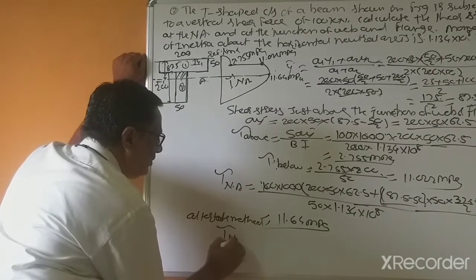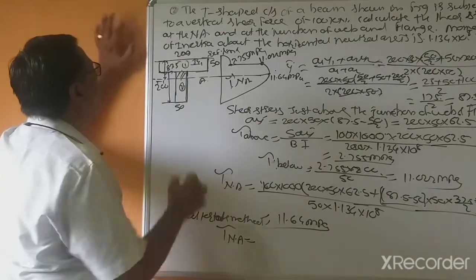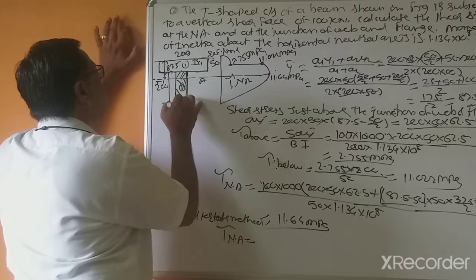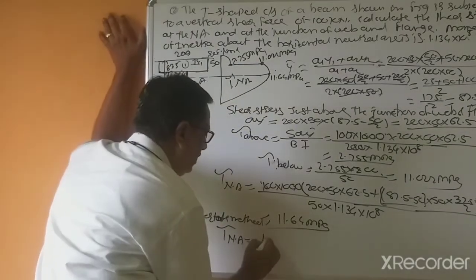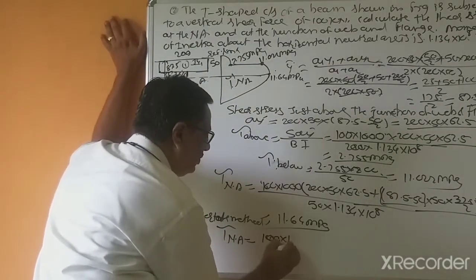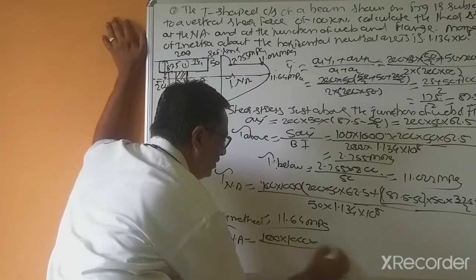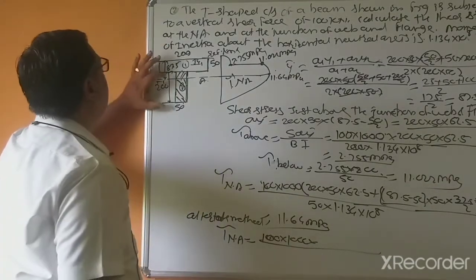for the calculations. For this part you can consider 100 into 1000 multiplied by the area.